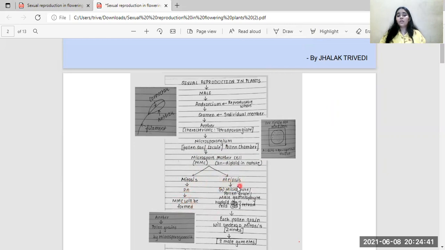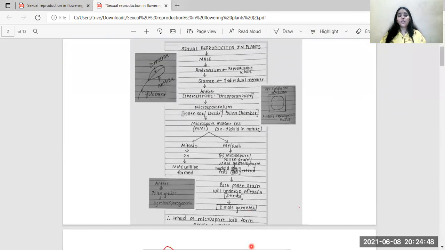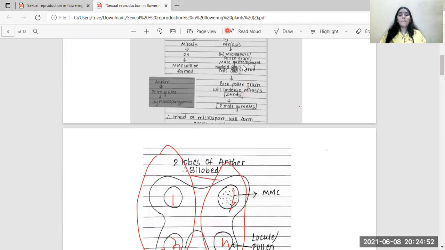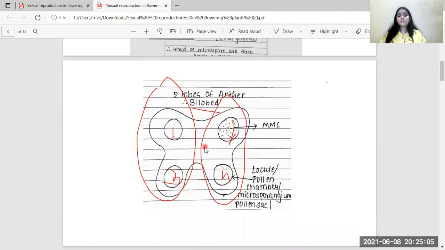But here we'll only focus on the meiosis part of it. The anther produces pollen grains by microsporogenesis. Genesis means production, and microsporogenesis means the production of microspores from the microspore mother cells.